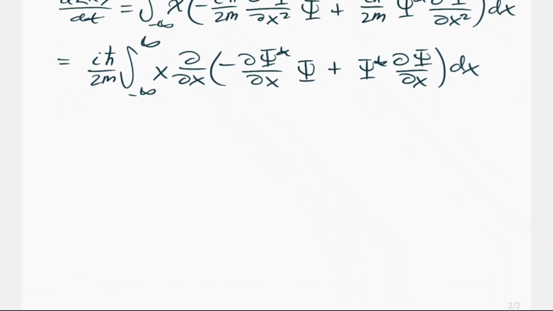All right. So from this point, we can do our beloved integration by parts. And just a quick reminder, integration by parts: the integral of u dv is equal to uv evaluated at the bounds minus the integral of v du.